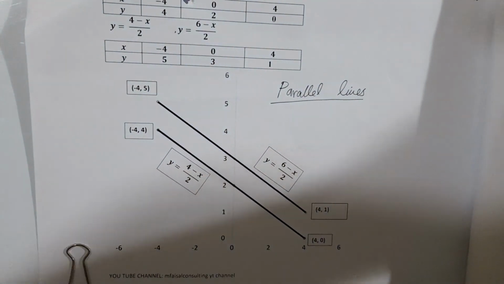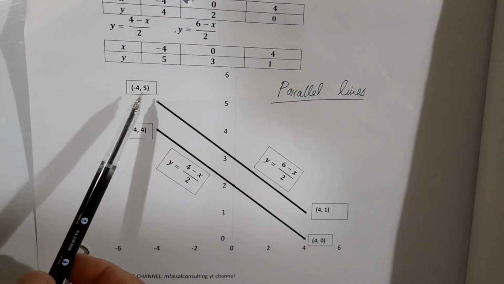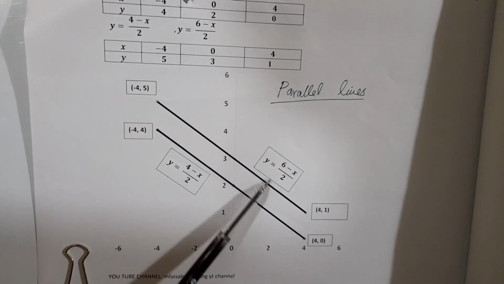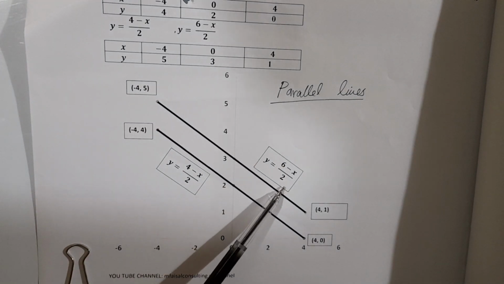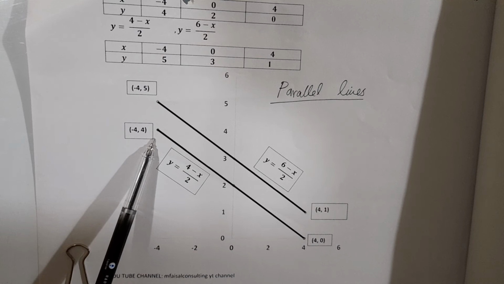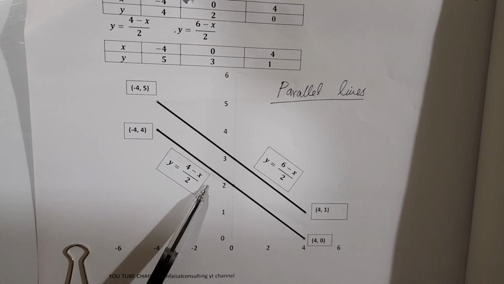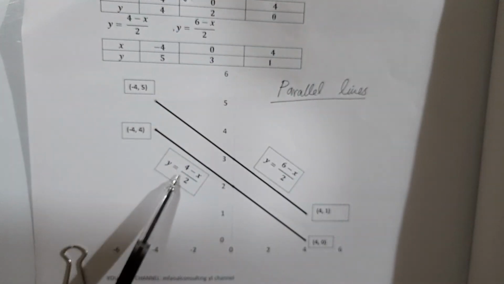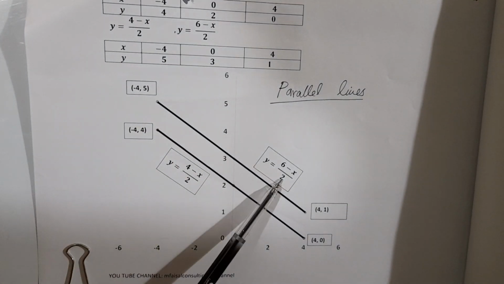Now drawing the graph. This is the initial point, minus 4 and 5, for the equation y is equal to 6 minus x divided by 2. And this is the initial point for the equation y is equal to 4 minus x divided by 2, minus 4 and 4. This is the initial point of this equation, and this is the initial point of this equation.